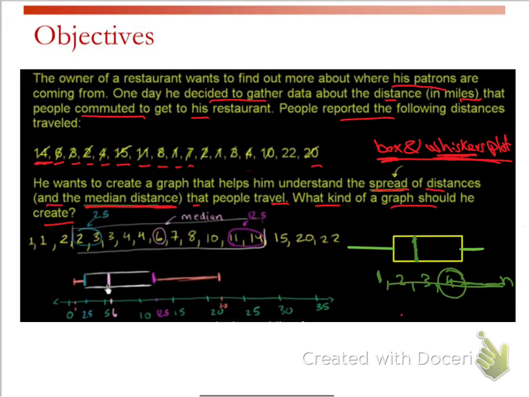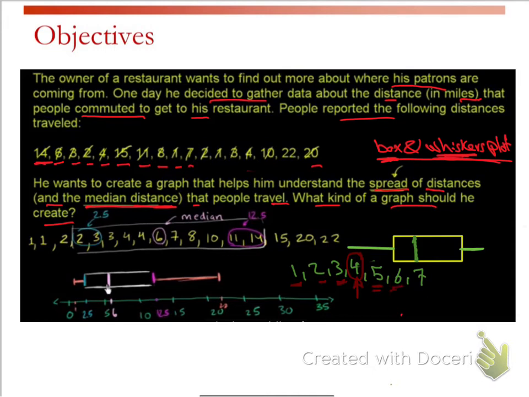So for example, I have 1 to 7: 1, 2, 3, 4, 5, 6, and 7. So I have 7 numbers. If I pick 4, 4 is the middle number, because before the 4 I have three numbers, 1, 2, 3, and after it I have only 3 also.